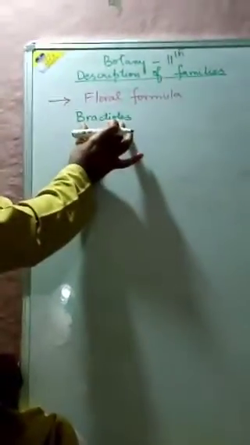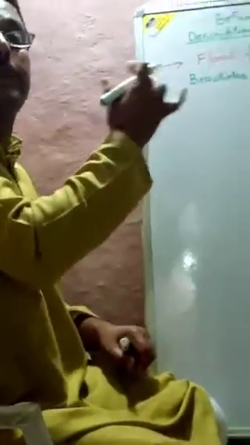For example, if in a flower bracteoles are present, in that formula we do not write the complete word bracteole, but it is simply described as br. This br simply signifies the bracteole.